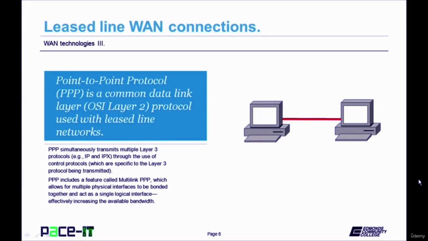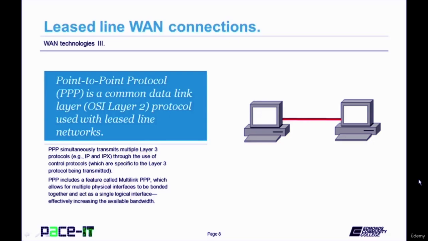PPP is a common data link layer, or layer 2, protocol that's used with leased line networks. PPP can simultaneously transmit multiple layer 3 protocols. It can transmit IP and IPX and AppleTalk all at the same time through the use of control protocols, which are actually specific to the layer 3 protocol that's being transmitted.